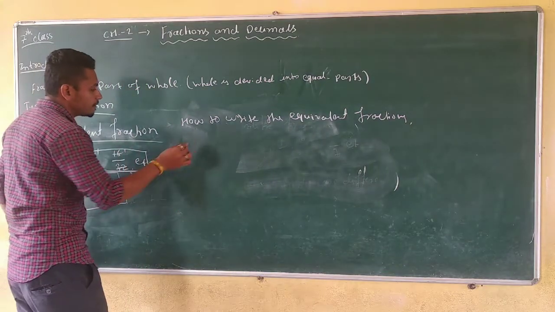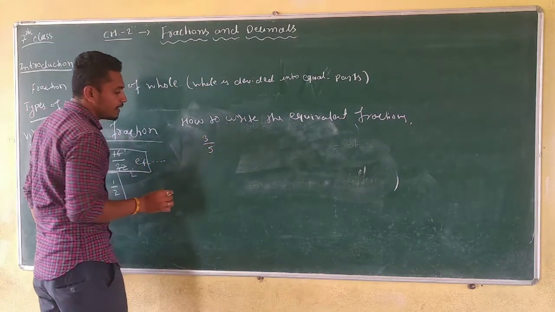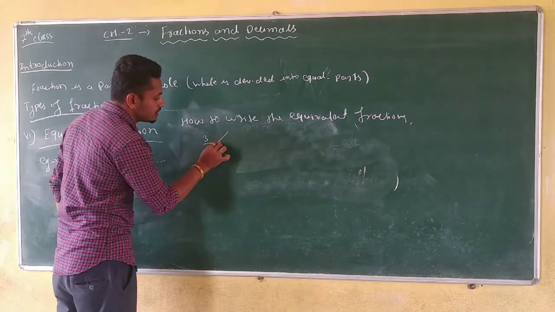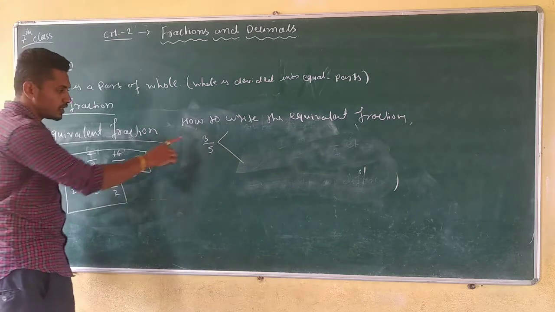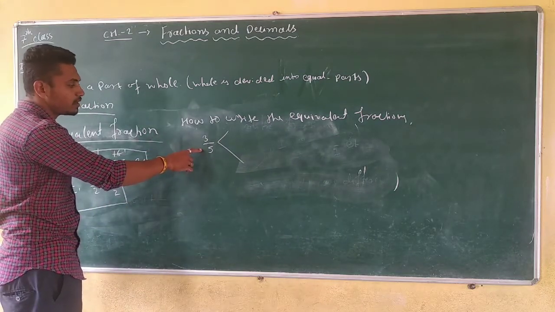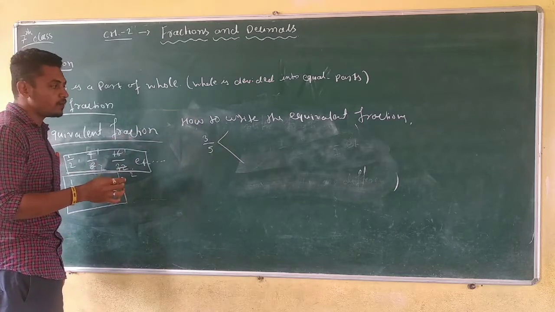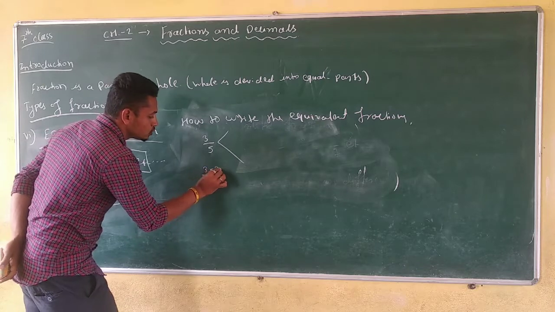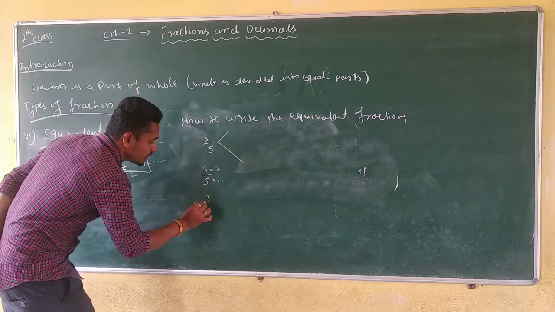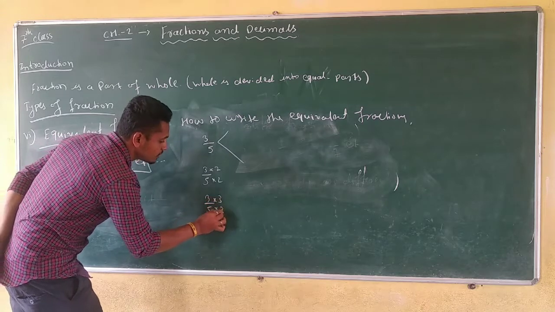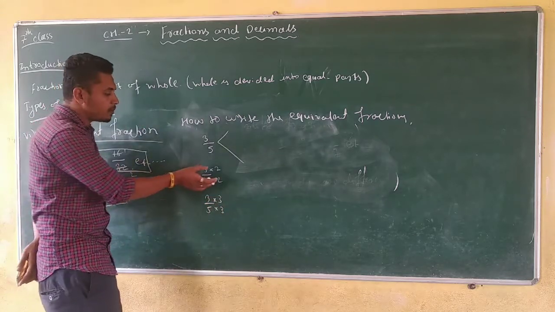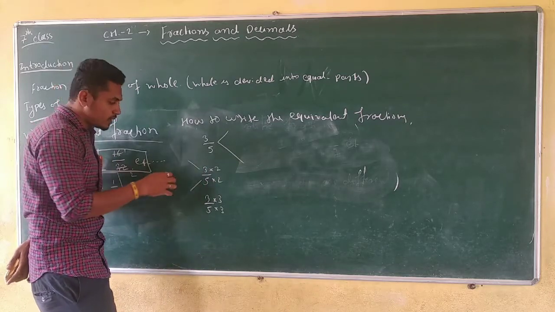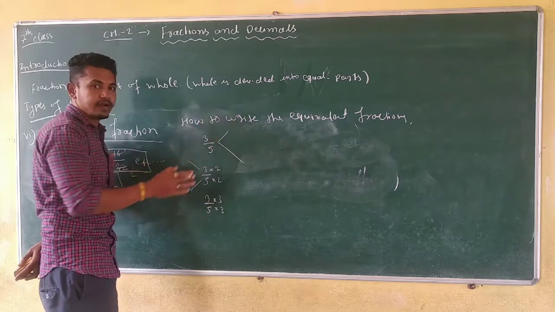Okay, so see here, 3 divided by 5, you have to write its equivalent fractions. So 3 divided by 5 should be equal to the other fractions. How do we have to write here? See here, 3 divided by 5 into 2 into 2, or 3 divided by 5 into 3 into 3. So multiply the same number with numerator and denominator. Okay, so we get their equivalent fraction.